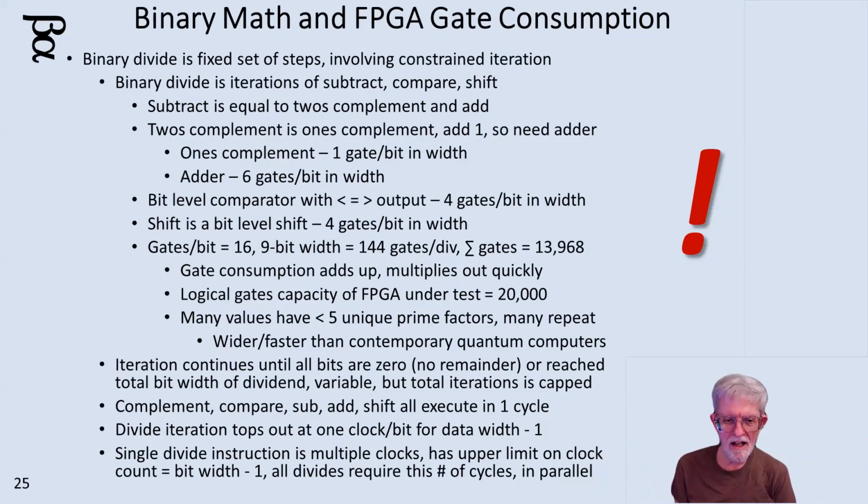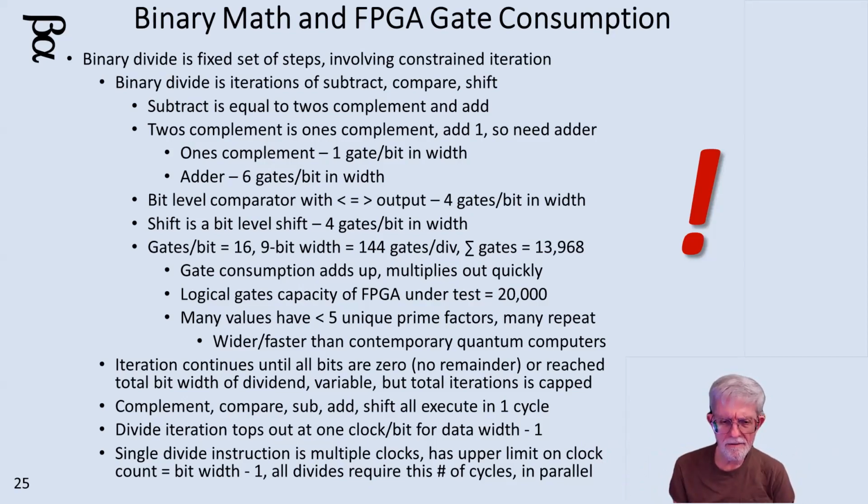So if I added it all up and said, I want a divide instruction, how many divide instructions can I get to execute in parallel for 9-bit wide data? Turns out that it's 144 gates per divide instruction, and the total number of gates turns out to be 13,968 just for my parallel divide row. And that fits in my 20,000 gate array. And I'll have some left over for doing miscellaneous wiring and such.